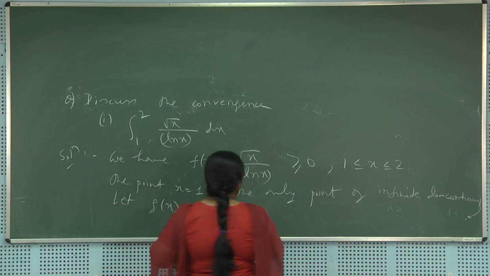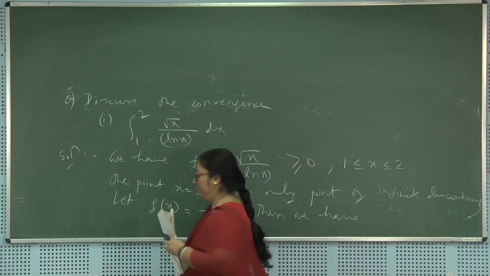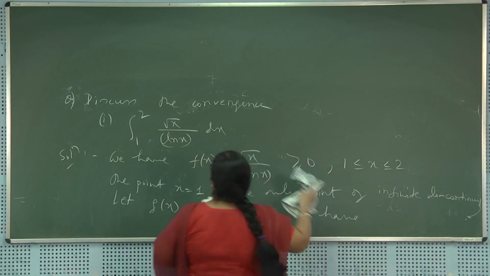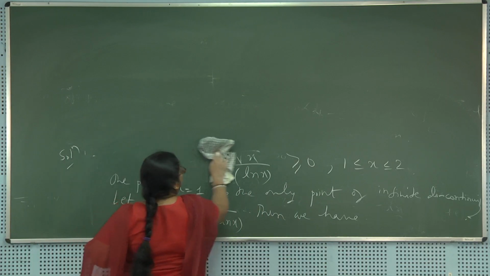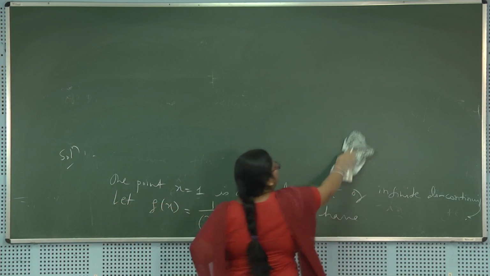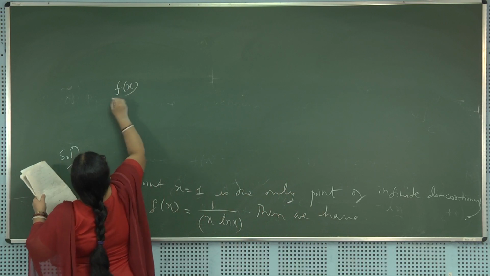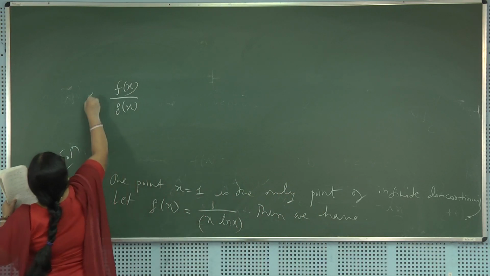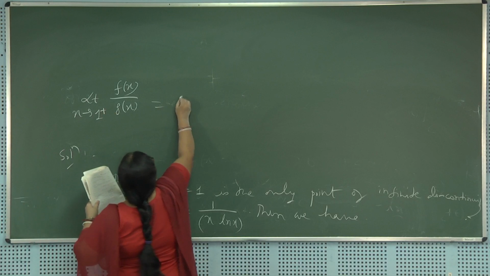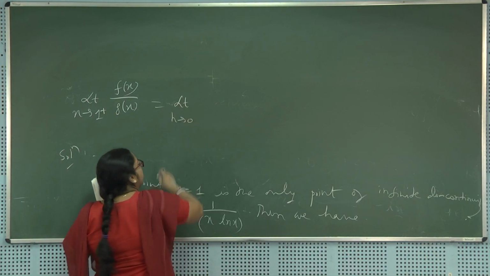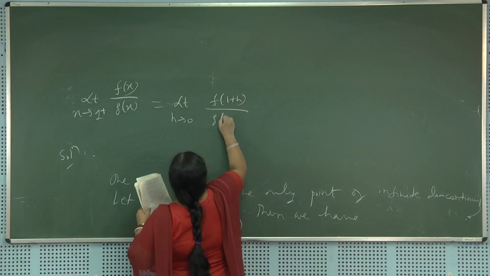Then we will take the ratio f x upon g x, limit x tends to 1 plus, because 1 is the lower limit, and according to the formula it is limit h tends to 0, or epsilon, you can also give any number, of f of 1 plus h upon g of 1 plus h.